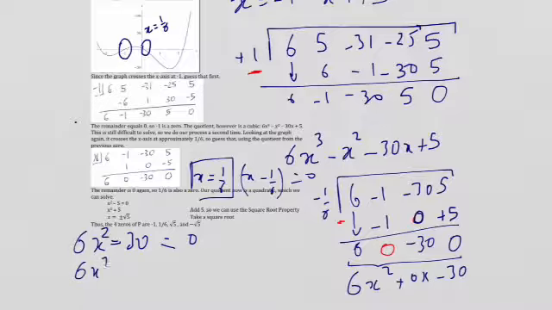So 6x squared equals 30 and x squared equals 5. So I end up with x equal plus or minus square root of 5. And now I got my 5 zeros. The last two zeros are plus square root of 5 and negative square root of 5, then 1 over 6, and then negative 1.